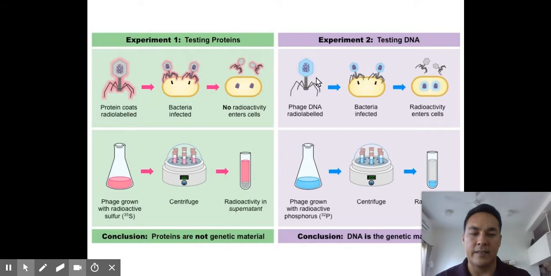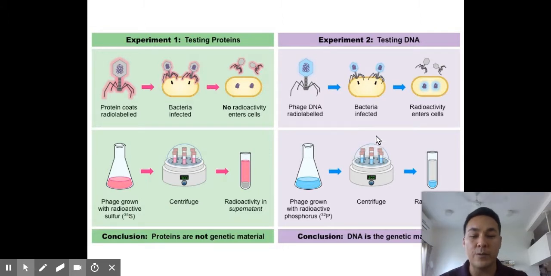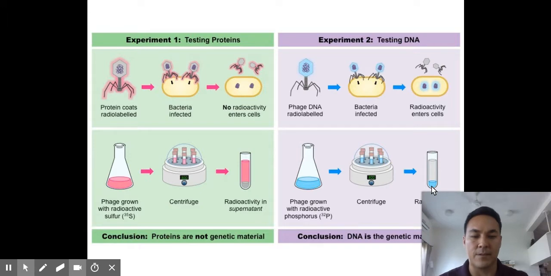So it stayed out here in the viruses. In this one, they labeled the radioactive phosphorus in DNA. They let the bacteriophages infect the bacteria, these viruses. They then spun it. And this is so cool, right? They saw that the radioactive phosphorus was in the pellet at the bottom. So look at that. It's just a beautiful experiment, a beautiful setup.